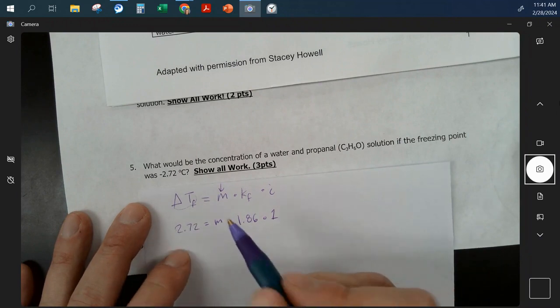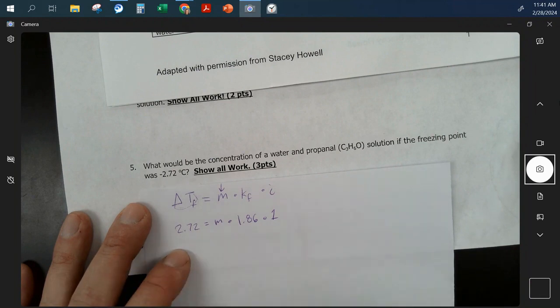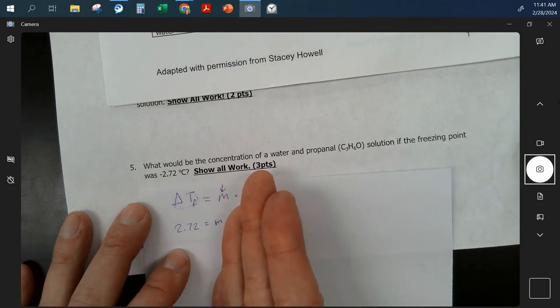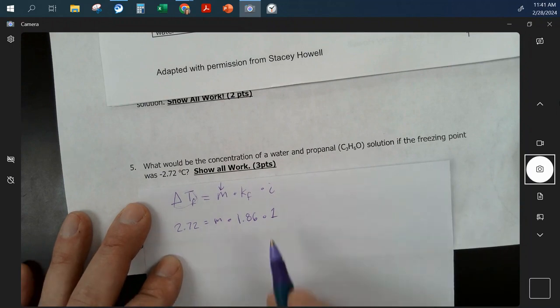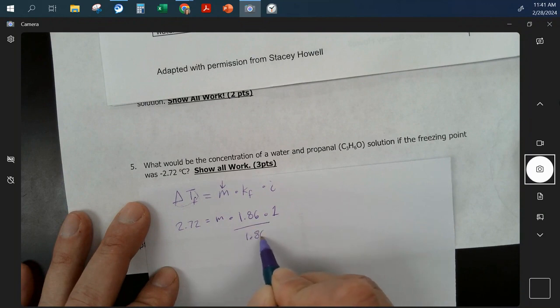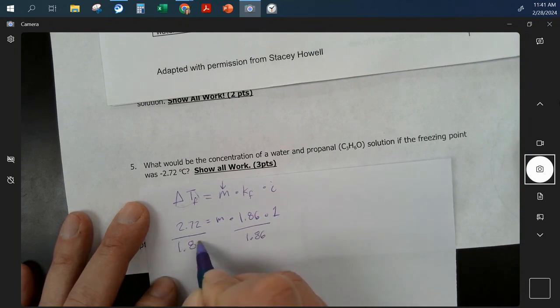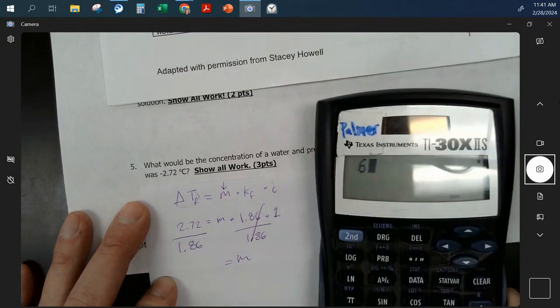Okay, so that one's easy. We're just thinking, what's the difference between where it should have been at 0 and where it is now, because we added this compound to water. All right, then we're going to solve for m. So I'm going to divide both sides by 1.86. m is whatever this is.